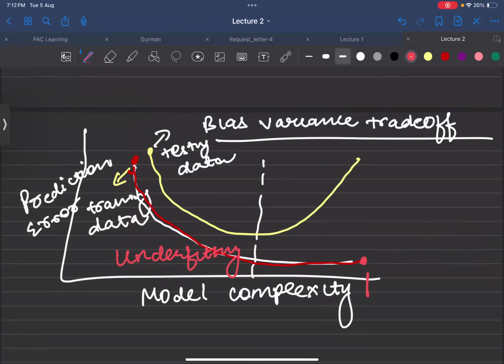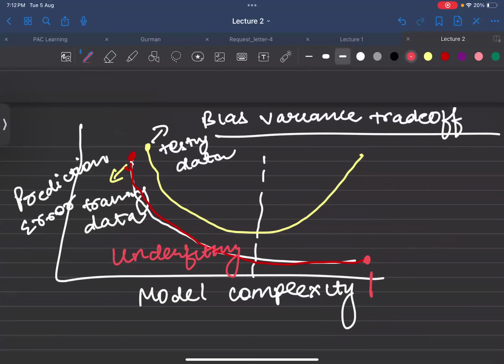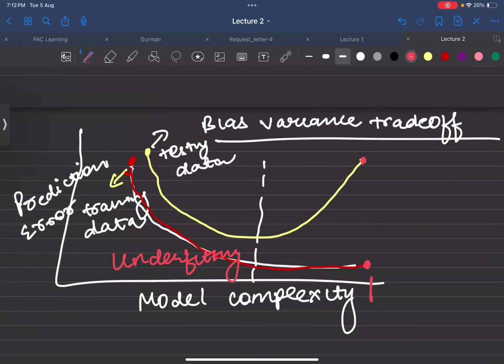Sorry, I'll come to the testing one first. In testing, high error as well as high model complexity, is that because of overfitting or underfitting? Let's not get confused. Correct? Yes, ma'am. Now error is more and the model is more complex. Is it because of overfitting?